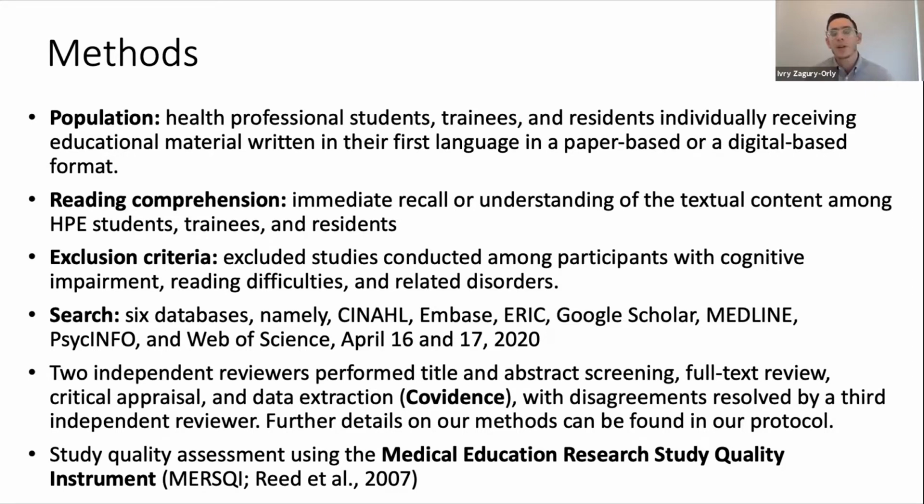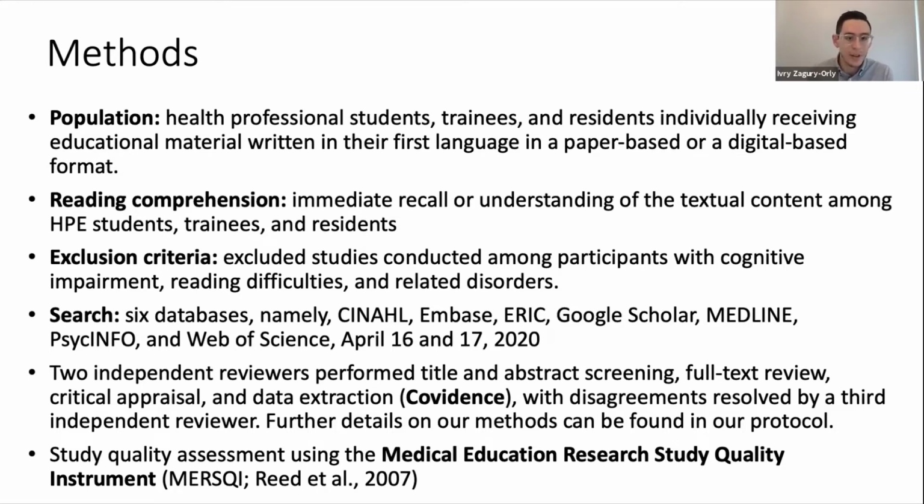Why immediate recall or understanding? Because in general, we found that studies don't tend to look at long-term recall of information when they're assessing the difference between paper and digital, and that may be a good discussion point. And then we excluded studies with participants with cognitive impairment, reading difficulties, and related conditions. And we looked in 6 databases.